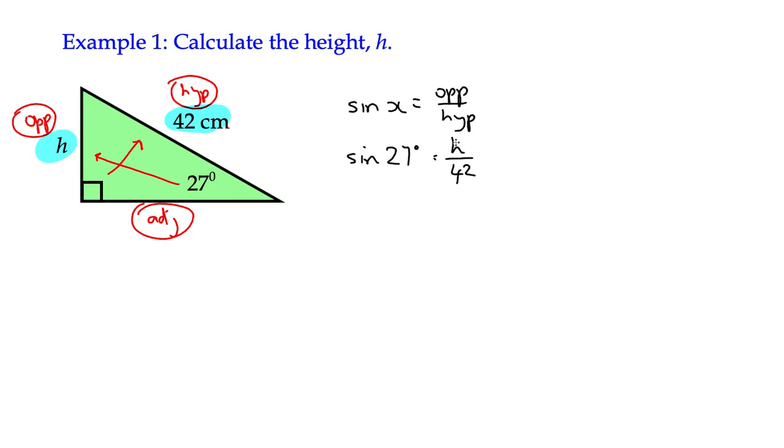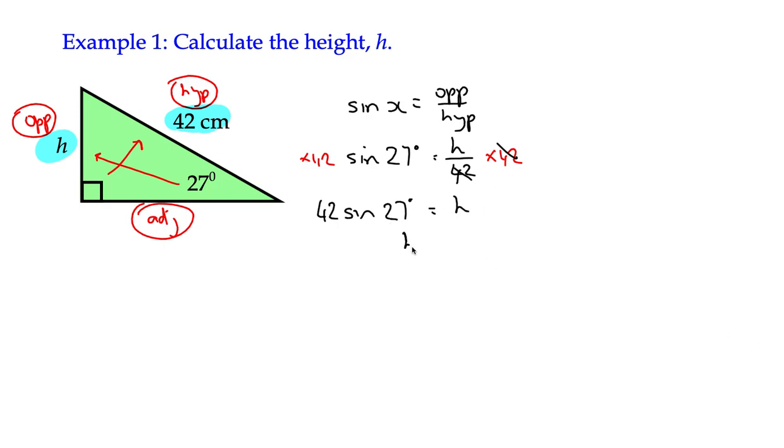We've got to try and get h on its own. It's divided by 42, so just as we did when we were using tan, we multiply by what's on the bottom of the fraction on both sides. That leaves me with 42 times the sine of 27 degrees is equal to h, because remember they cancel out.